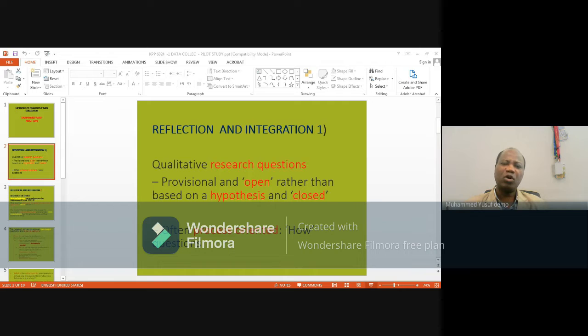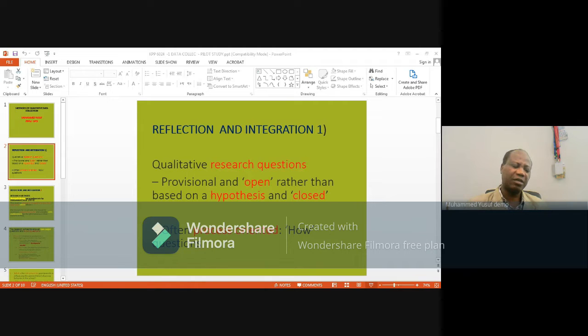By the time you want to collect your data, before you go and collect your data, try to review your objective of research. Check the component, check the focus of the question.